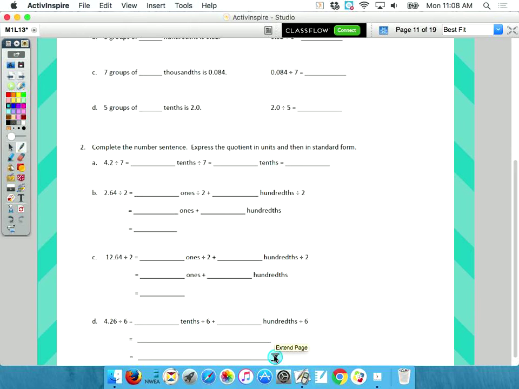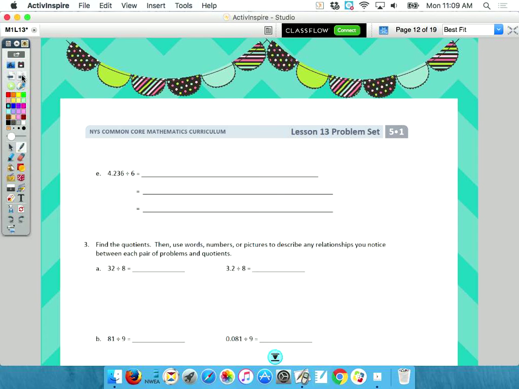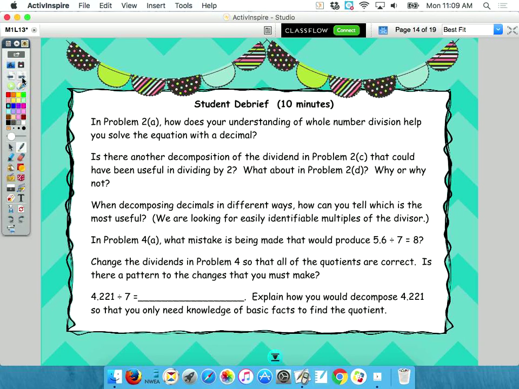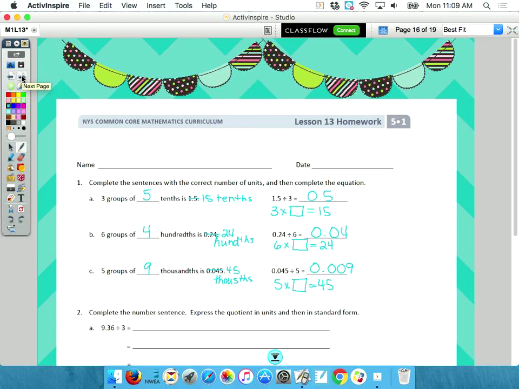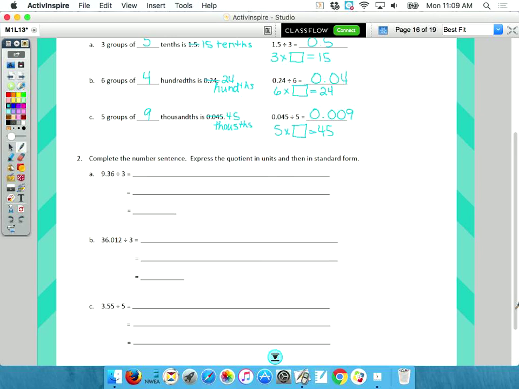They had little words in here to kind of help us, but I think it's actually making us more confused. So I just replaced it with lines, okay? So let's go back to the homework page. There it is.